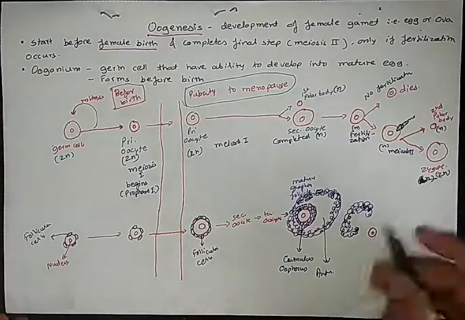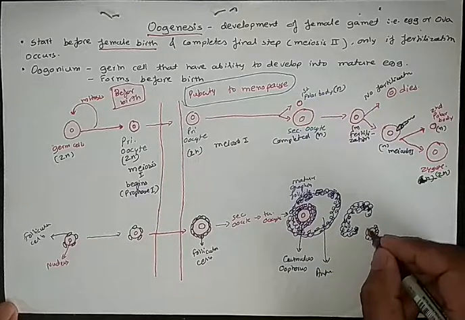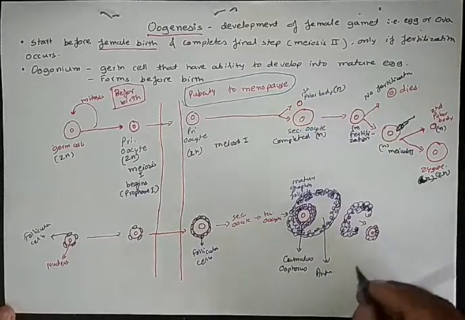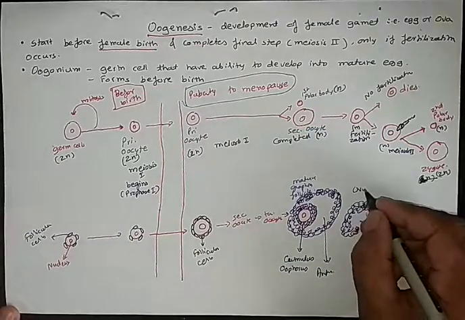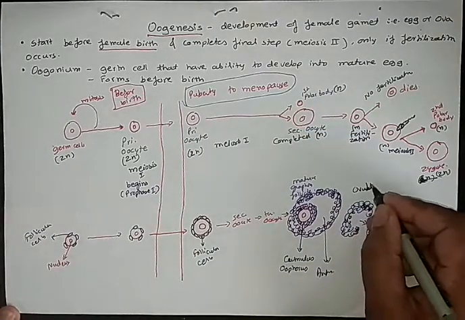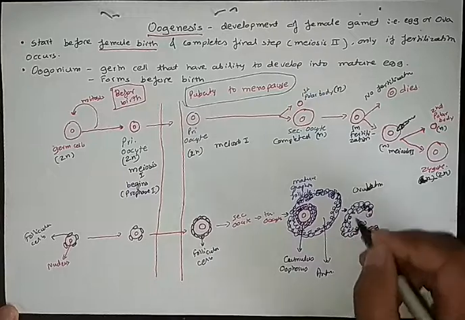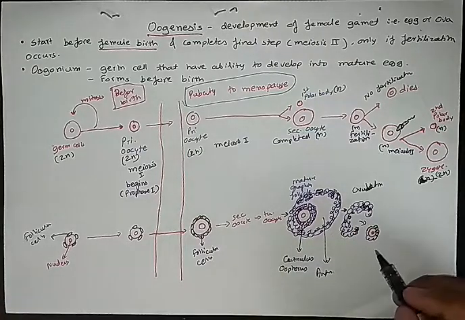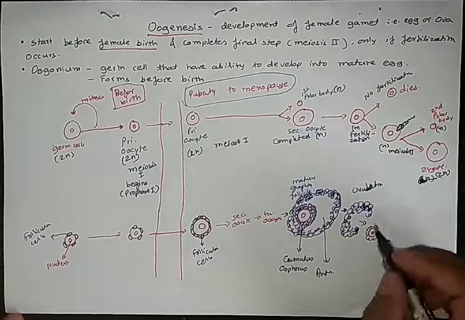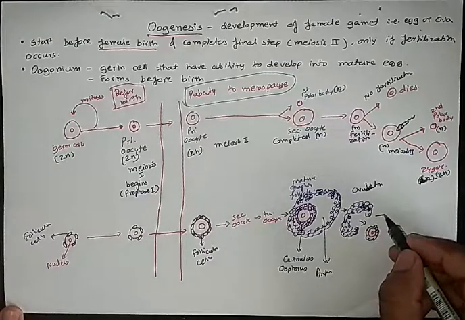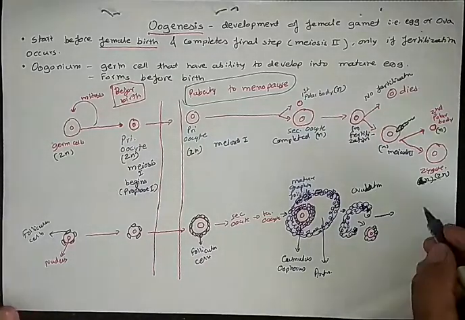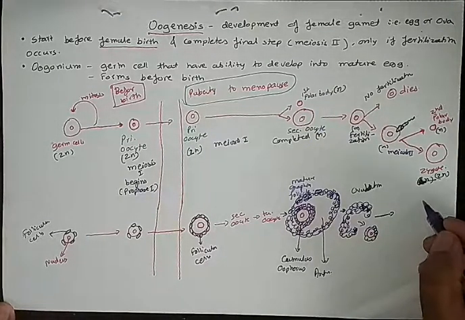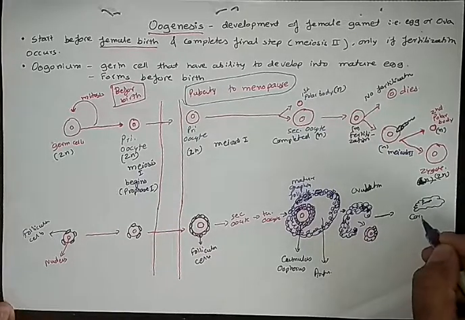This phase is called ovulation. After the egg comes out, the empty Graafian follicle converts into the corpus luteum.